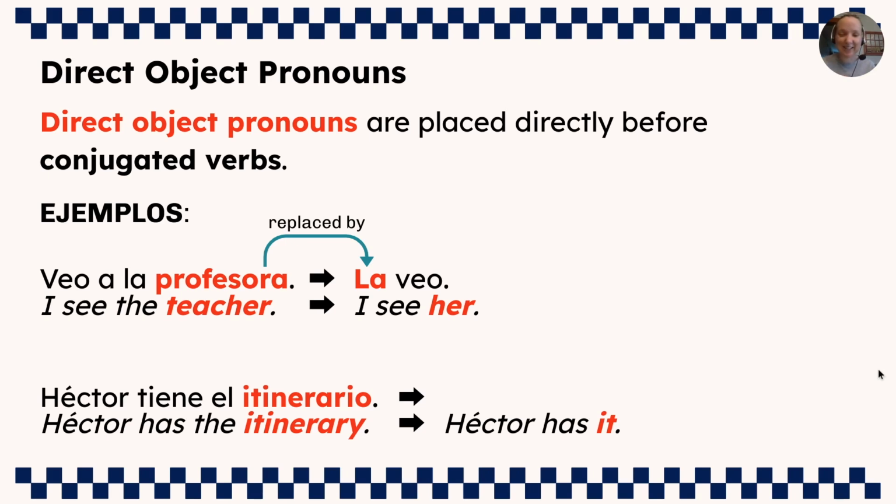And is it singular or plural? Use the chart to figure out which direct object pronoun to replace el itinerario with. Now, using your direct object pronouns charts and the examples provided in the notes, pause the video and try writing Hector has it in Spanish.